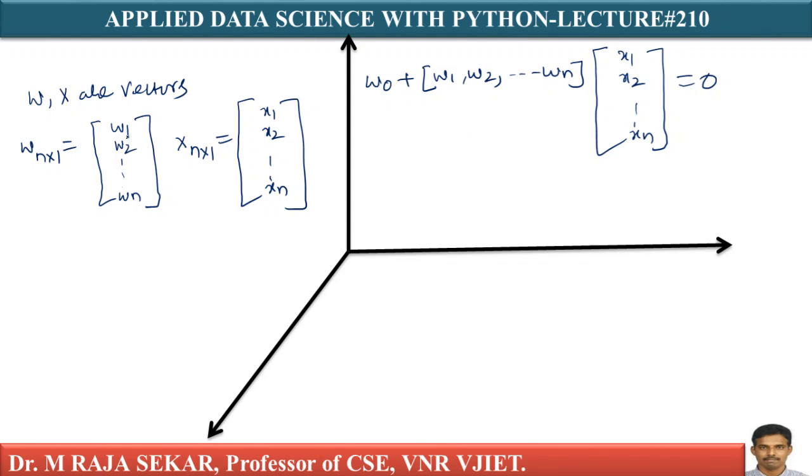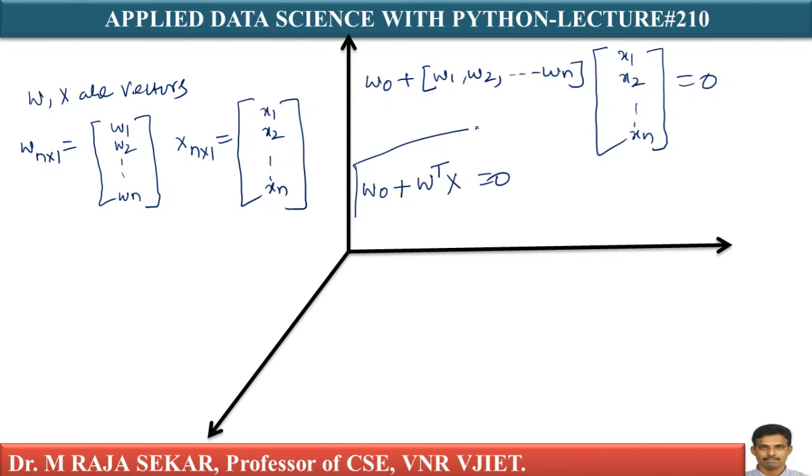As I told you, my w is a column vector by default. x is also a column vector. Can I write like this? w0 plus, basically the original w is a column vector. I need a row vector. Therefore, I must write w transpose. If I write w transpose, I will get a row vector, w transpose into capital X equal to 0.